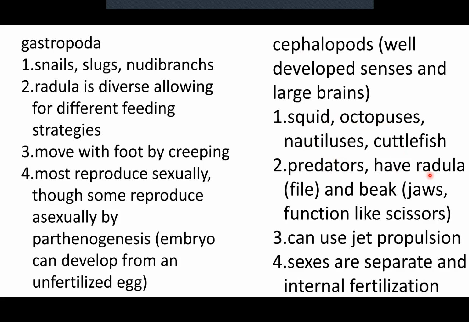They have the radula, which is a file, and then a beak, which are their jaws functioning like scissors. Again, their mantle can allow them to use jet propulsion to travel away from danger. And sexes are separate, so we have male and female, and fertilization happens internally.